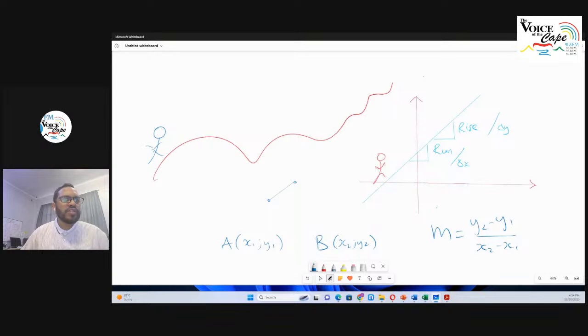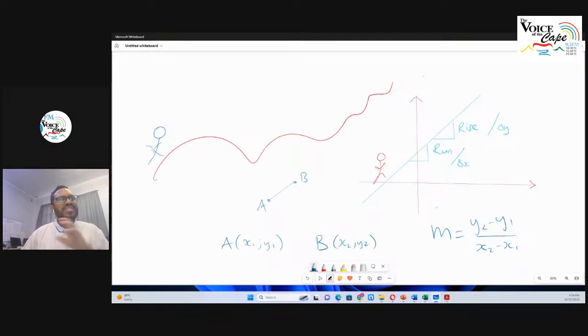Then the gradient between those 2 points, A and B, will be this y coordinate minus this y coordinate divided by this x coordinate minus this x coordinate over there. Okay, now this value doesn't change when we are dealing with a straight line. And all that means, again, the gradient is constant.